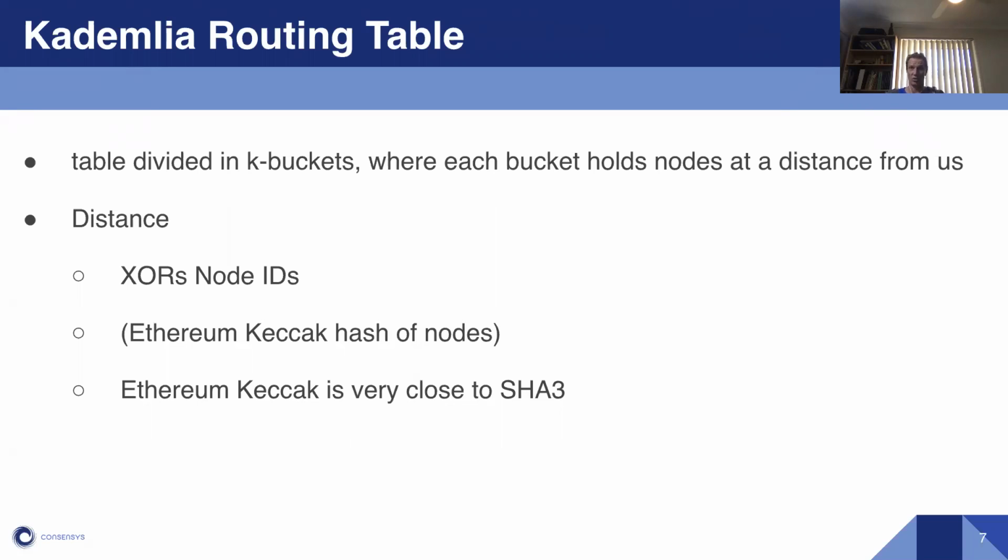So it does an XOR of node IDs, which in Ethereum, a node ID ends up being a public key. So that's a pretty random number. And then to make it even more random, they do a Keccak hash of that node ID.